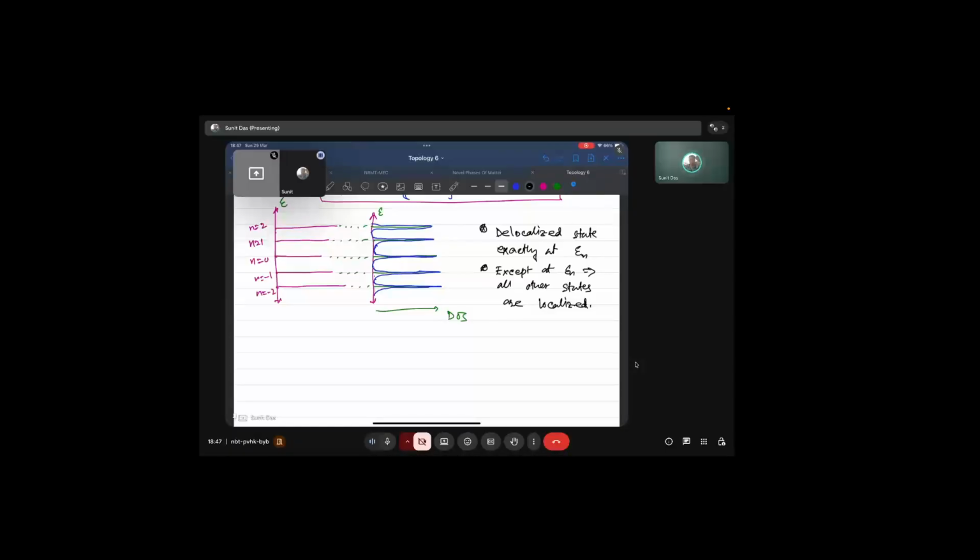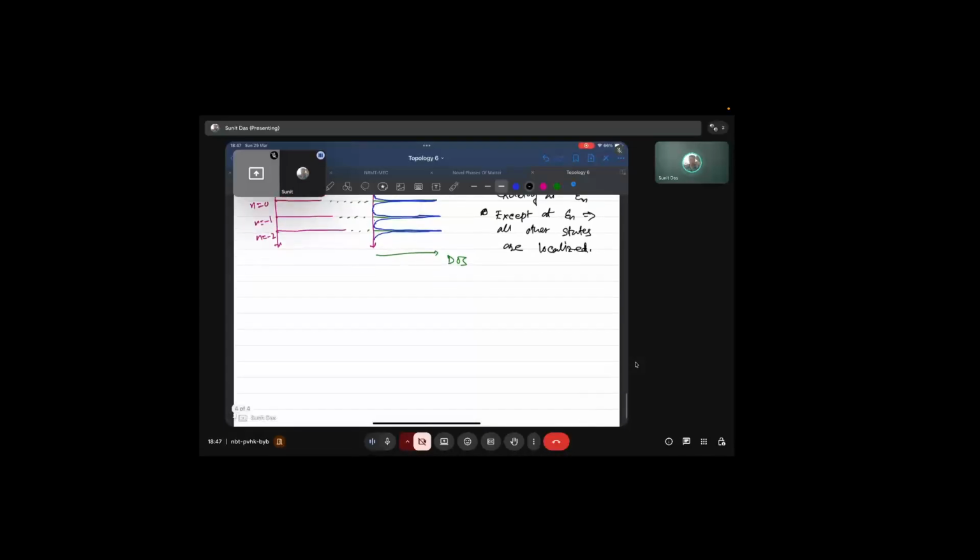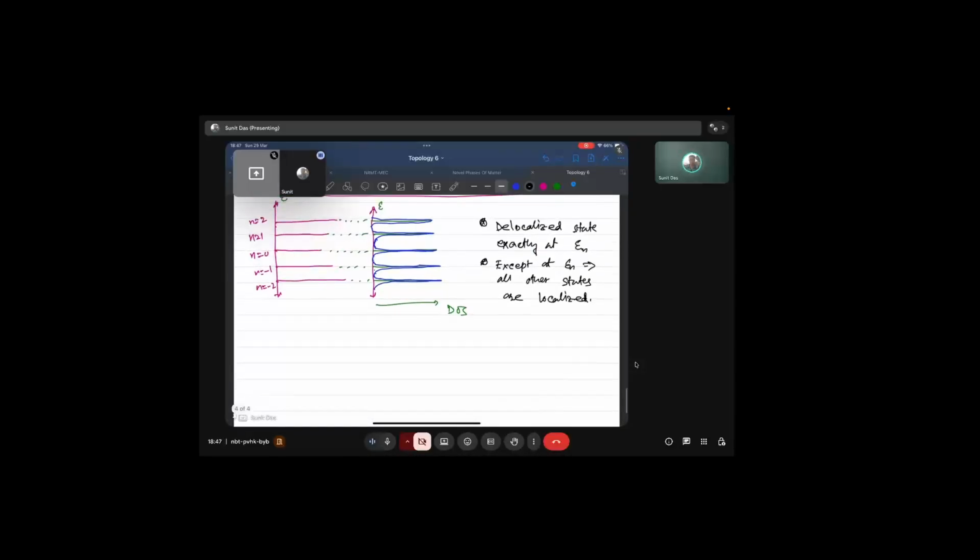Okay. Now what really happens when you vary the magnetic field? Let's say you have this kind of density of states, this kind of energy levels, and you have a Fermi level, the Fermi energy, somewhere here. Now, when you increase the magnetic field, two things happen.